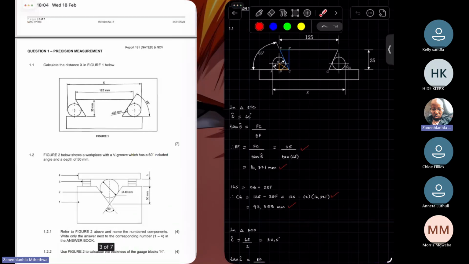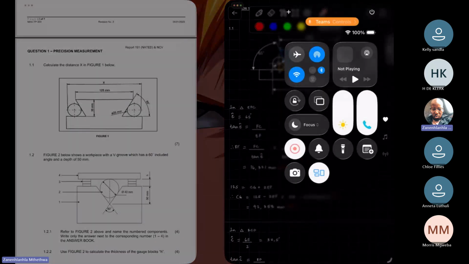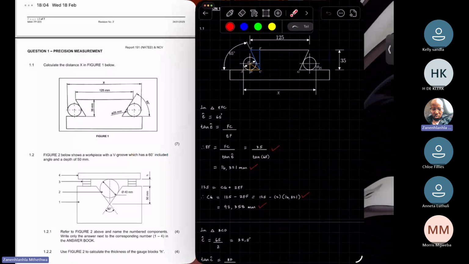So I've opened both the memo and the question paper for our convenience.